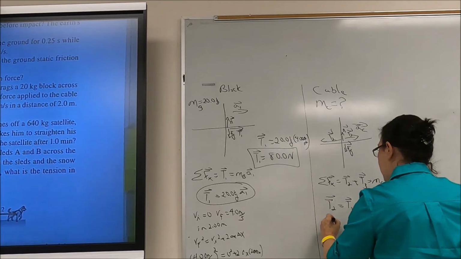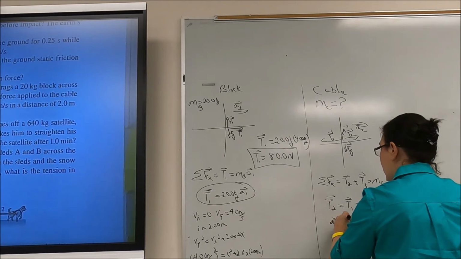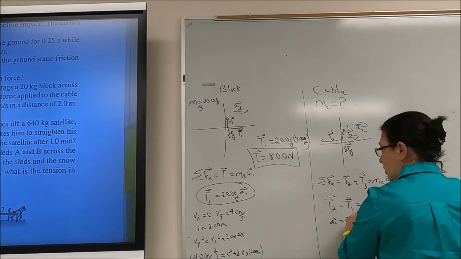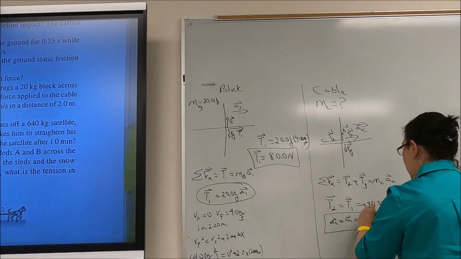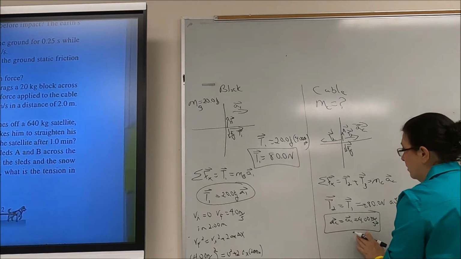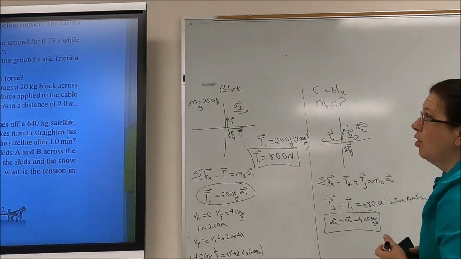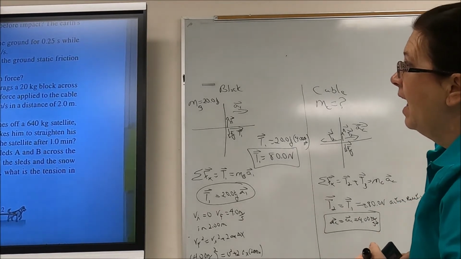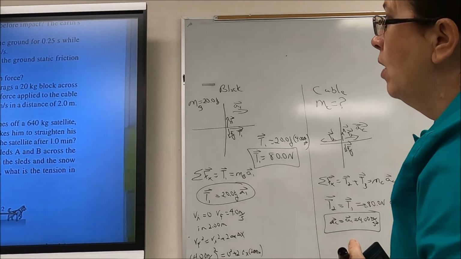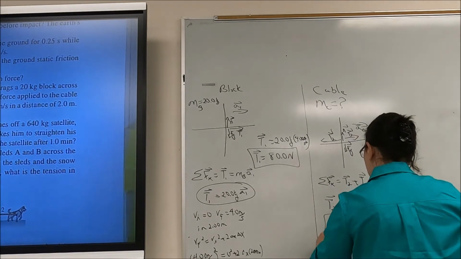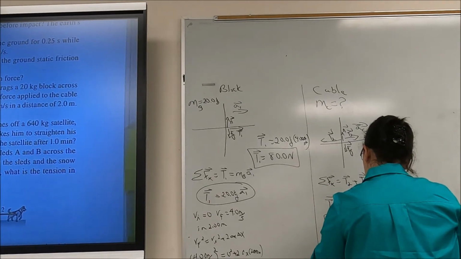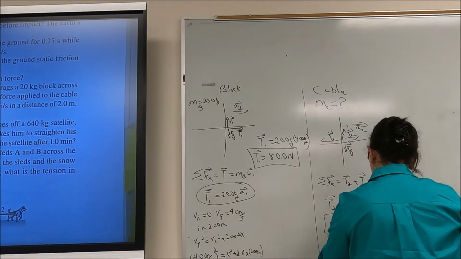I know that A_C has to equal A1, which was 4.00 meters per second squared. That's the acceleration constraint. And we're told in the problem that there is 100 newtons of force being applied to the cable. So T3 is 100 newtons.